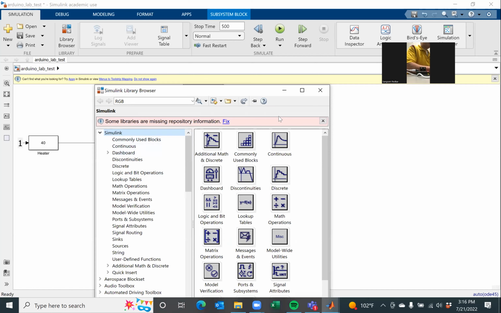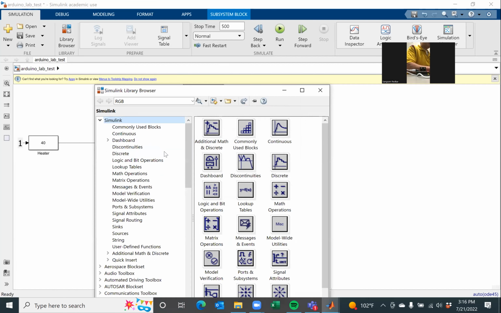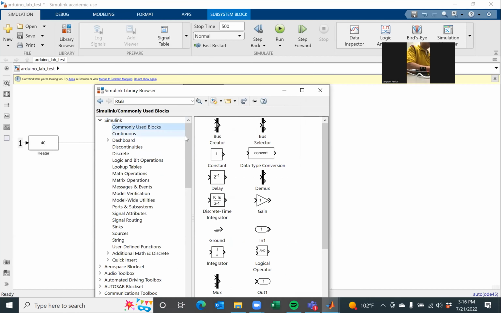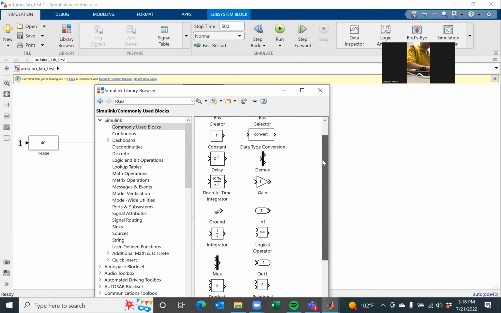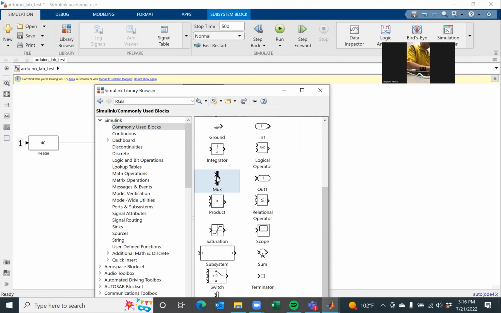So basically, you commonly use blocks. I can use mux and demux. So yeah, I can grab this and place it over here.